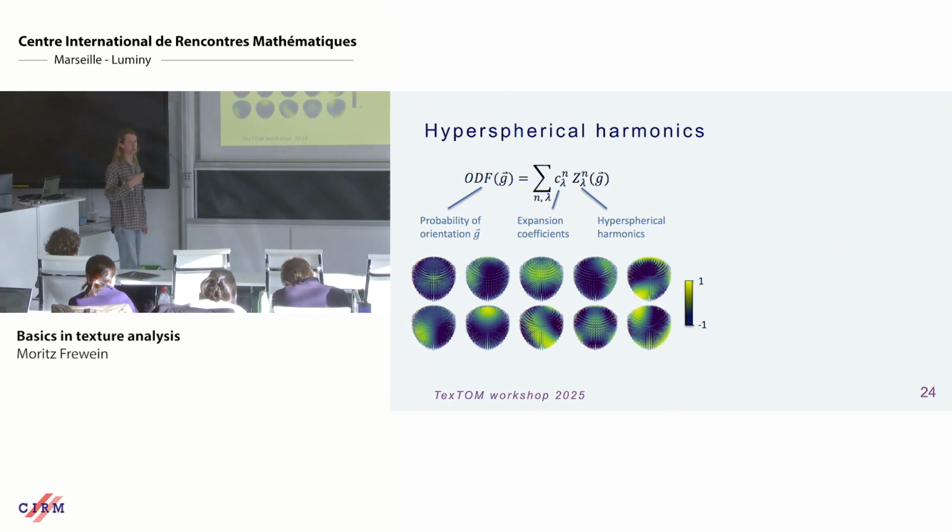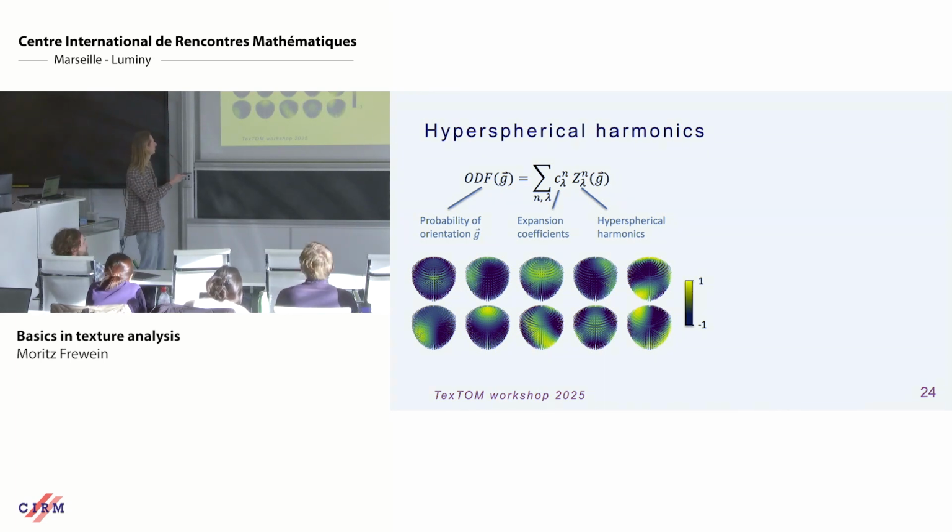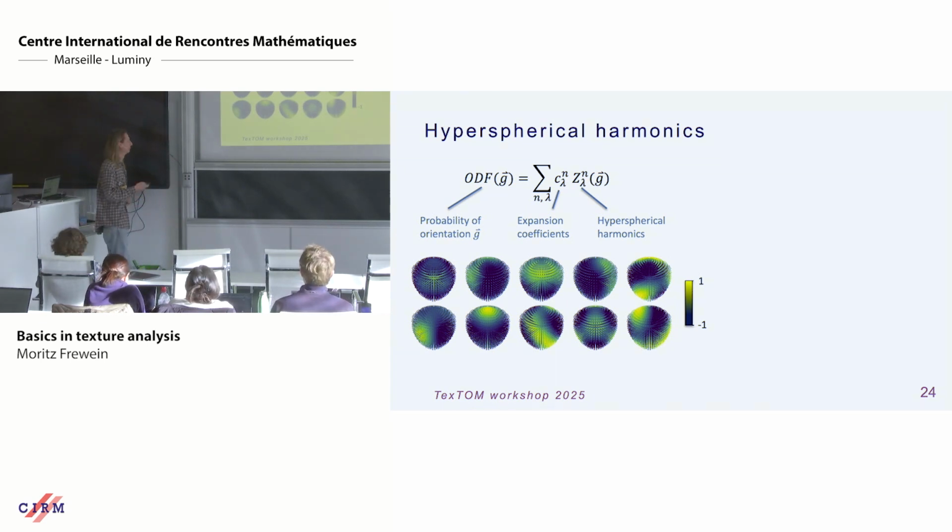So n is the order of the hyperspherical harmonics. The higher the order, the more oscillations we have in these functions, but this time in 3D, so they look kind of like this. You can imagine them like normal spherical harmonics, which you know from atomic orbitals or even other applications.